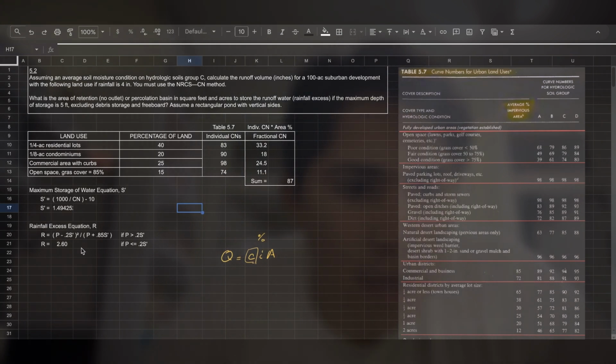In our case, let's say if we have 87, for example, and if we use a similar approach, we use equals 0.87 times the 4 inches. It's gonna give us about 3.48 inches, which is different from 2.6.